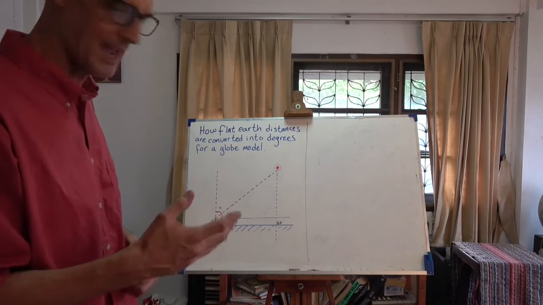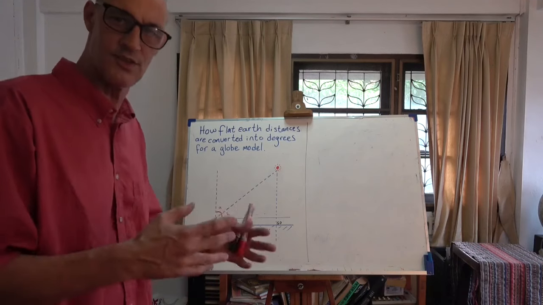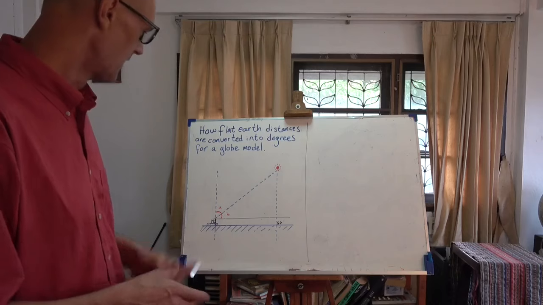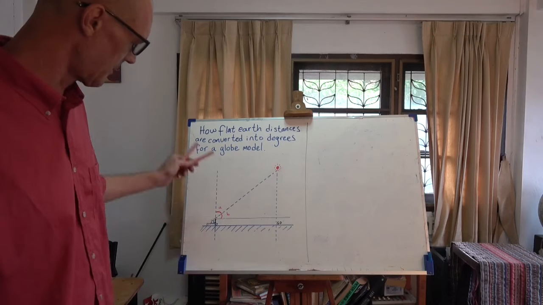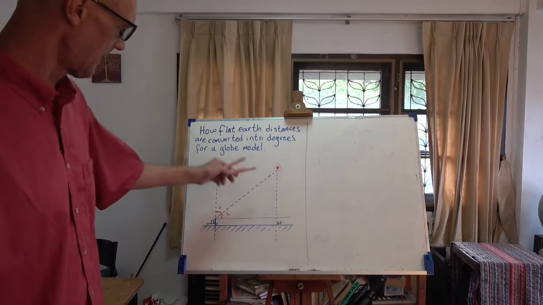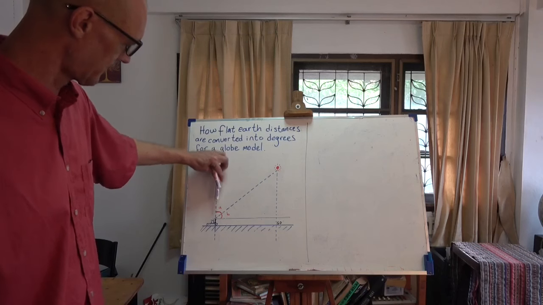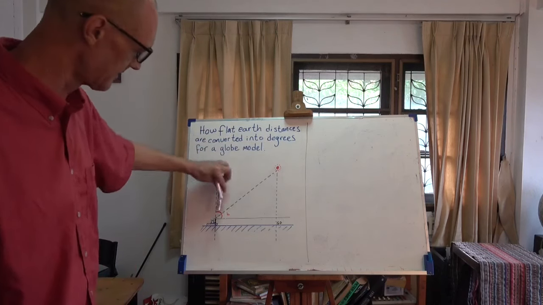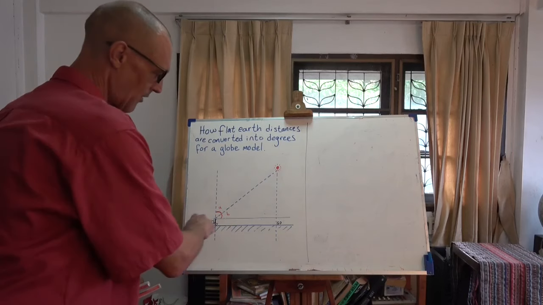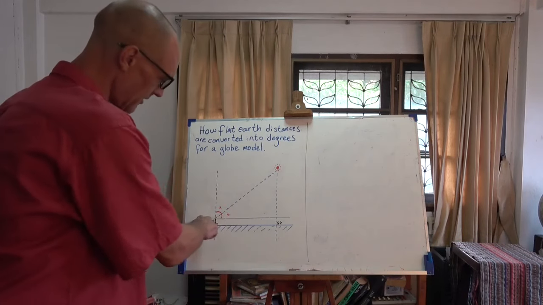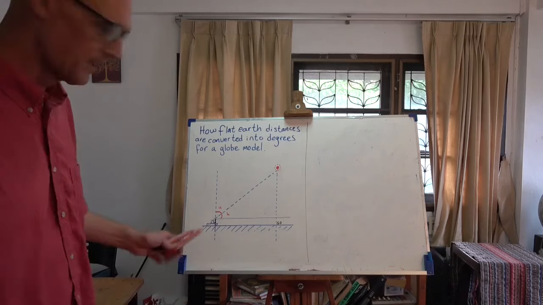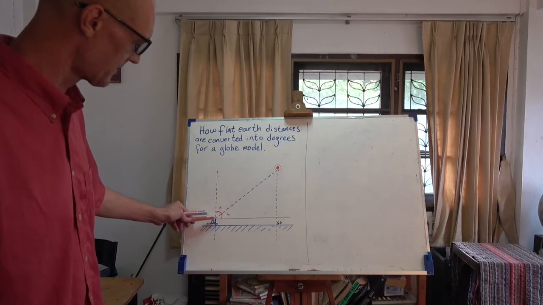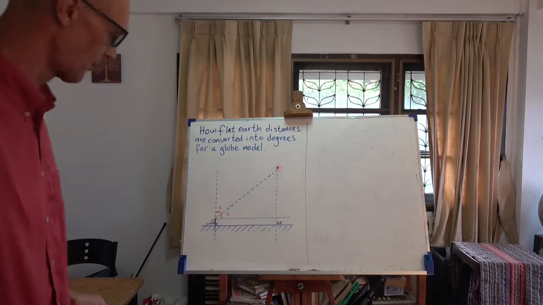But you have to have some measurements and calculations to get there first. So we have our guy on a boat using a sextant, and so we've got another vertical line here. So we do in fact have parallel lines, and of course we have our horizontal reference here. So the surface is horizontal, and the observer's line of sight is also horizontal.